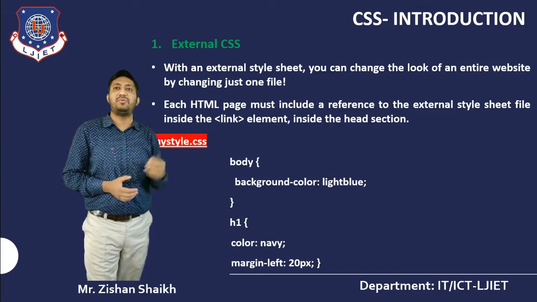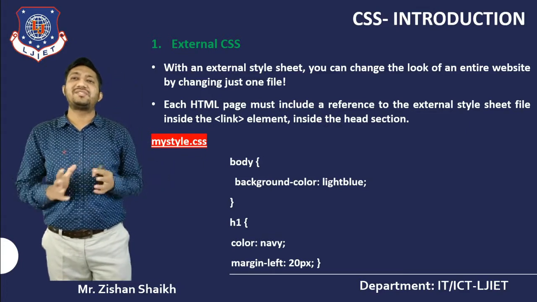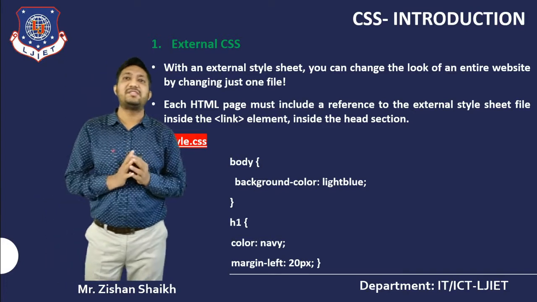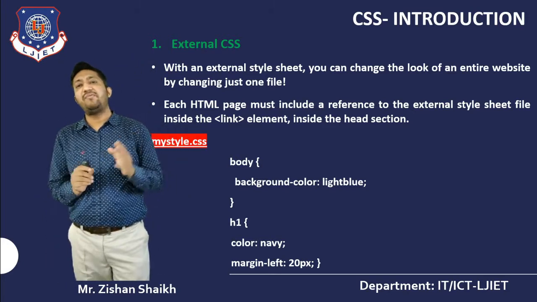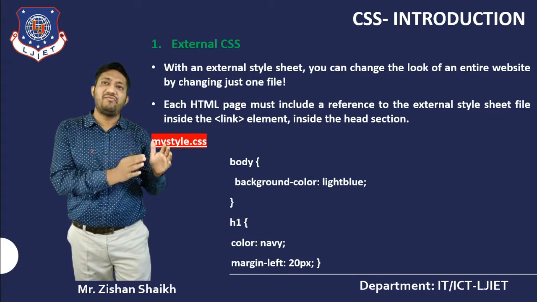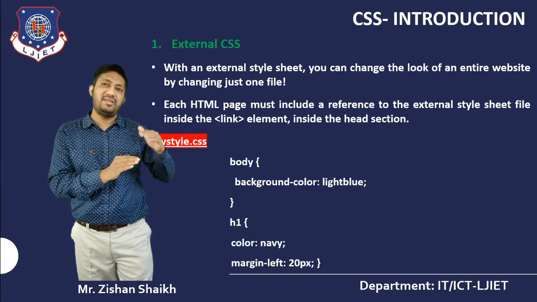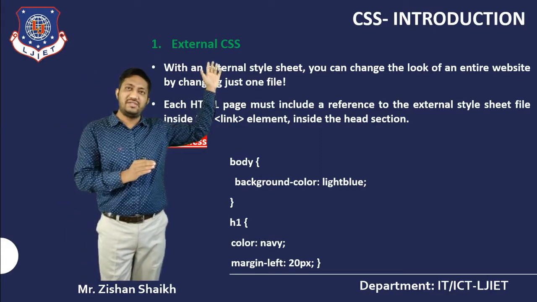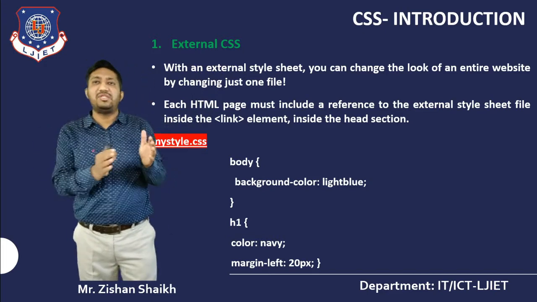First is the external CSS. When we are talking about external CSS, this CSS file is different from your HTML file. Whenever you write an HTML file, there is one HTML file, but if we are using external CSS, then the CSS file is separate from your HTML file.